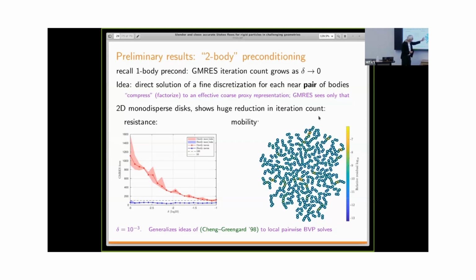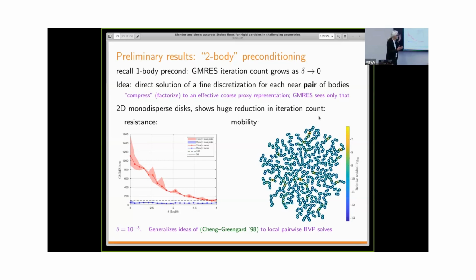If you are willing to solve two-body problems directly instead of one-body problems, you're kind of building a hybrid solver where the inner solver is the direct solver, and then the outer one iterates, and you recompress the degrees of freedom that you solve the inner problem so that they just appear to be a coarse set of degrees of freedom to the outer solver.